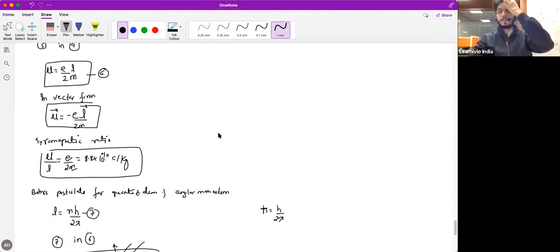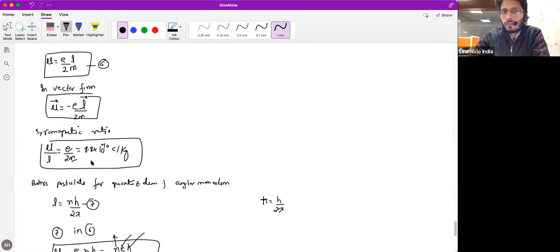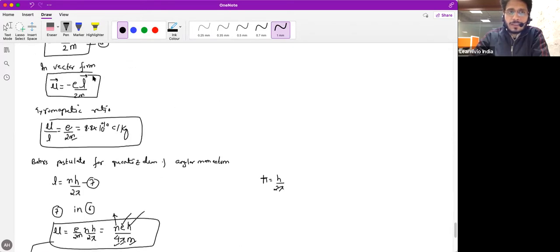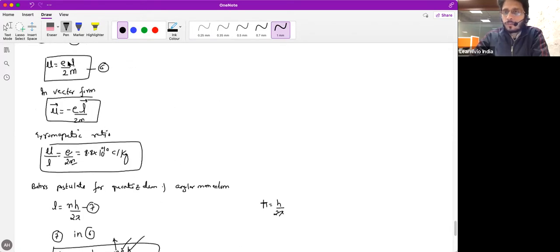So gyromagnetic ratio is simply the ratio of magnetic moment of electron and its angular momentum. It's e by 2m, where e is electronic charge and m is electronic mass. When you solve it, it comes out to be 8.8 into 10 raised to power 10 coulomb per kg. Okay, the next is this is the angular momentum of electron.